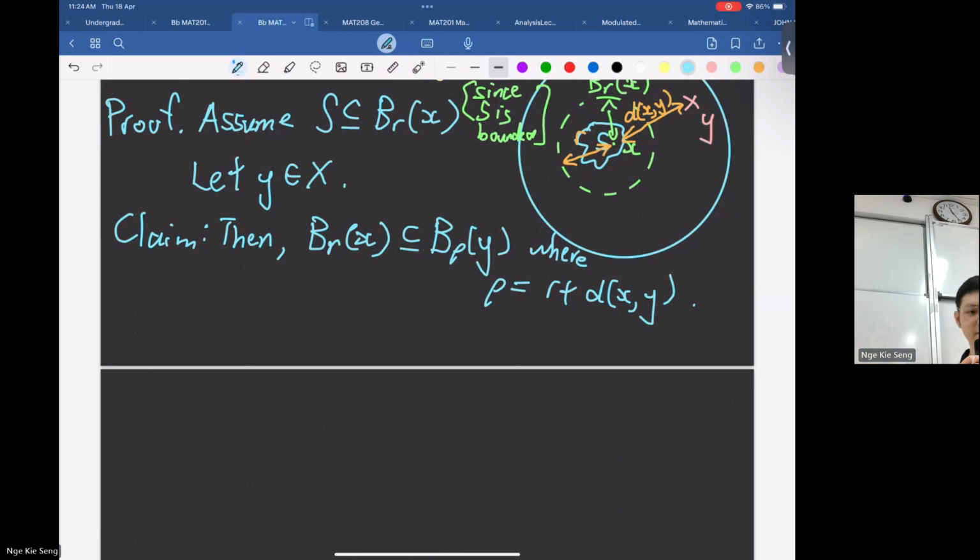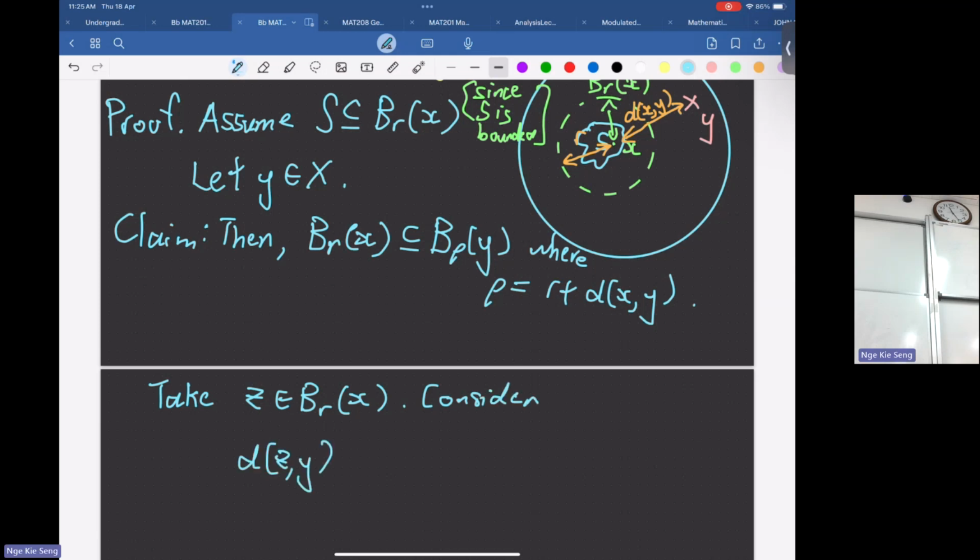To show it is in the ball, we need d(z,y) less than rho. How do you relate d(z,y) to the distances between z and x, and x and y?